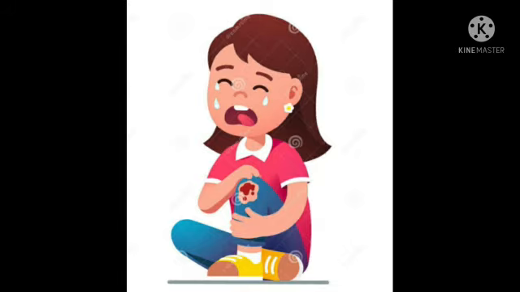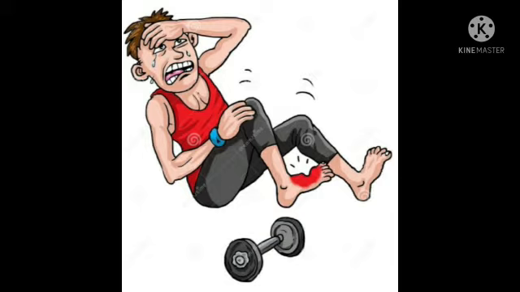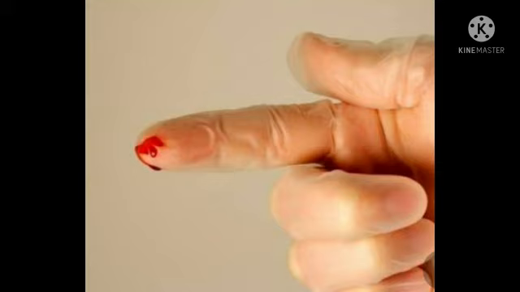But the loss of blood in larger amount might sometimes lead to death. Blood coagulation is the process of forming a clot to prevent excess loss of blood from the body. It is a gel-like mass which is formed by the platelets and fibrin in the blood.